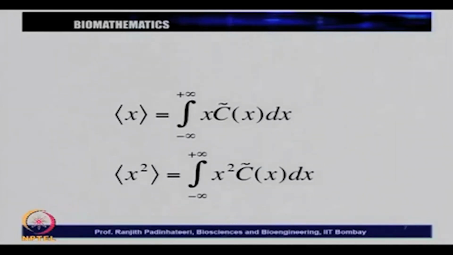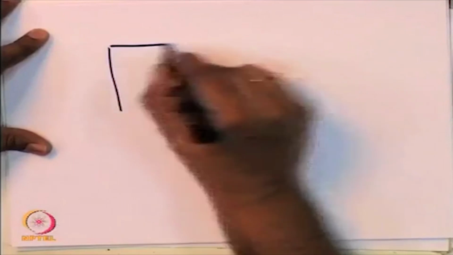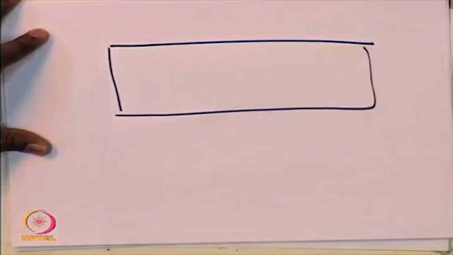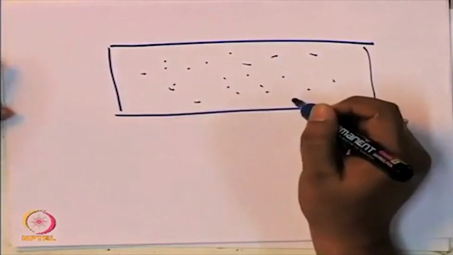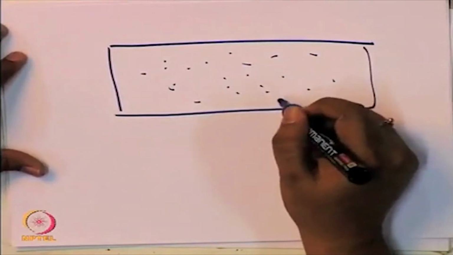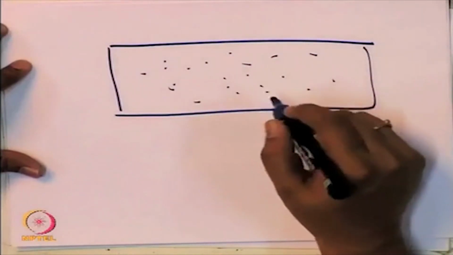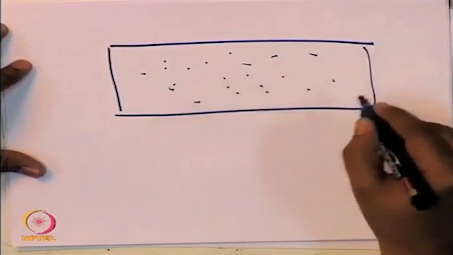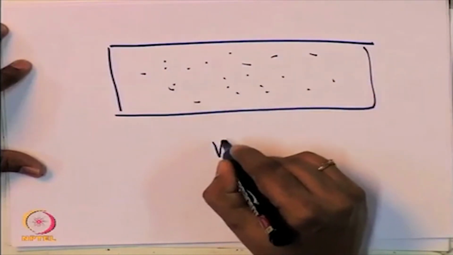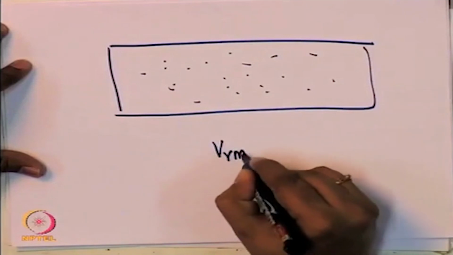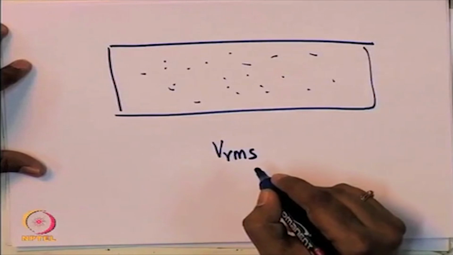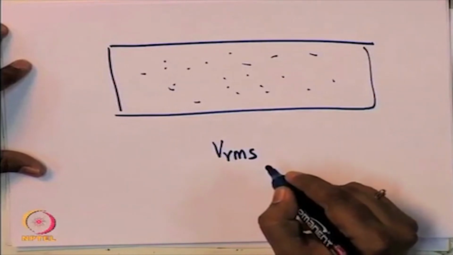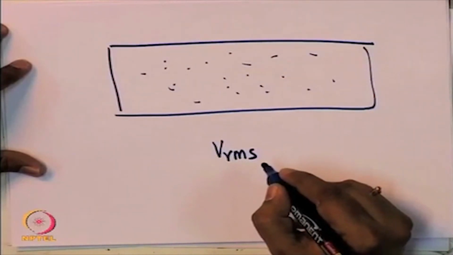Think about a gas in a box, and these gas molecules were freely moving in all directions. This ideal gas we had, and in such cases you might have studied that V RMS, the root mean square velocity, is related to RT and temperature.